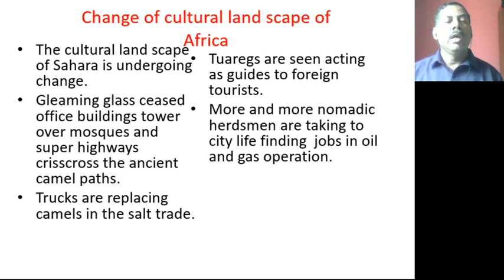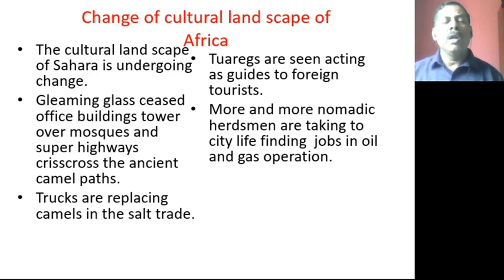Earlier, camels were used in the desert areas very easily, and they were carrying salt. Salt trade was carried out in desert areas by camels. But now almost all the camels have been replaced by trucks. Trucks are carrying the salt from one place to another place.